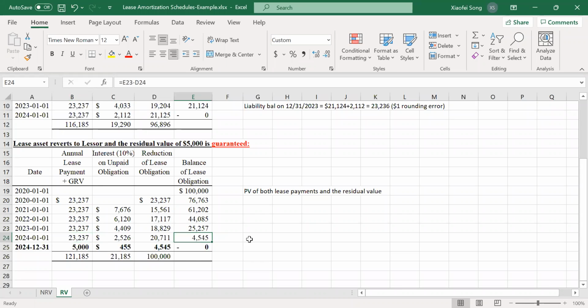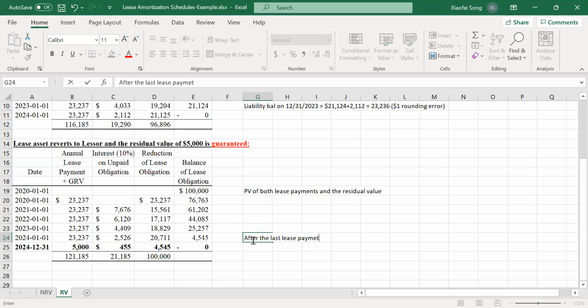After the last lease payment is made, there is still a bit of a balance, okay? The remaining liability is $4,545.